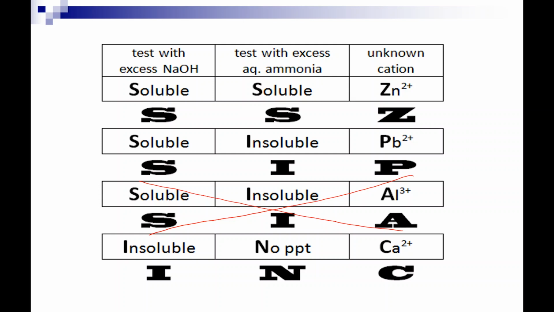The first column represents the solubility in excess sodium hydroxide. The second column represents the solubility in excess aqueous ammonia. And the last column represents the cation. S means soluble, I means insoluble, N means no PPT.